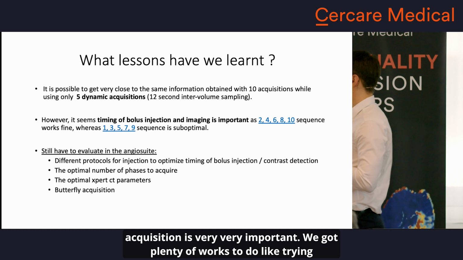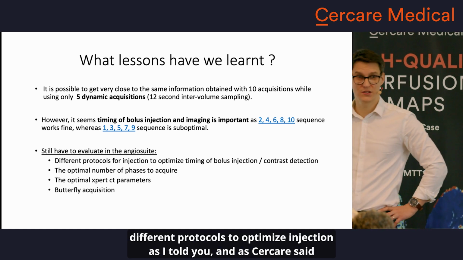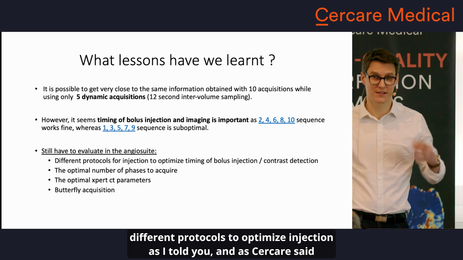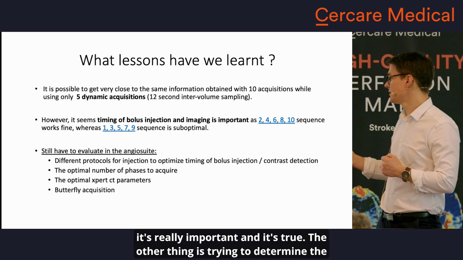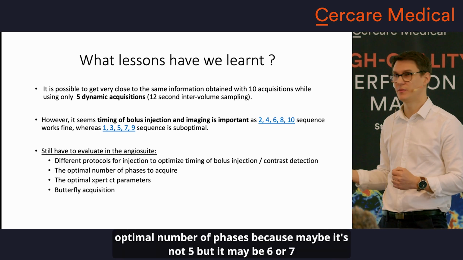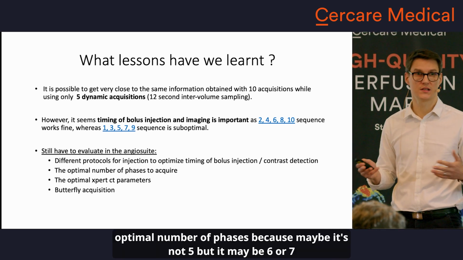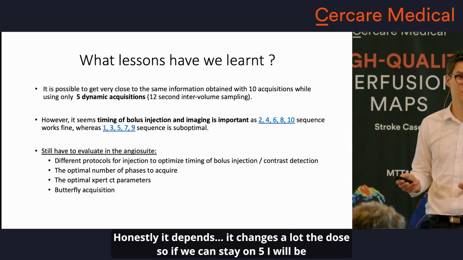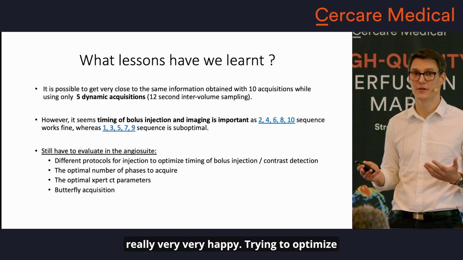We got plenty of work to do, like trying different protocols to optimize injection. As Serkay said, it's really important, and it's true. The other thing is to determine the optimal number of phases, because maybe it's not 5, but 6 or 7. Honestly, it changes the dose a lot. So if we can stay on 5, I will be very, very happy.